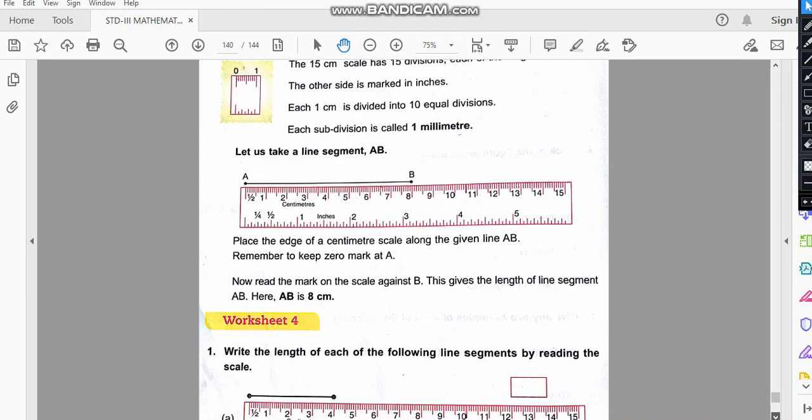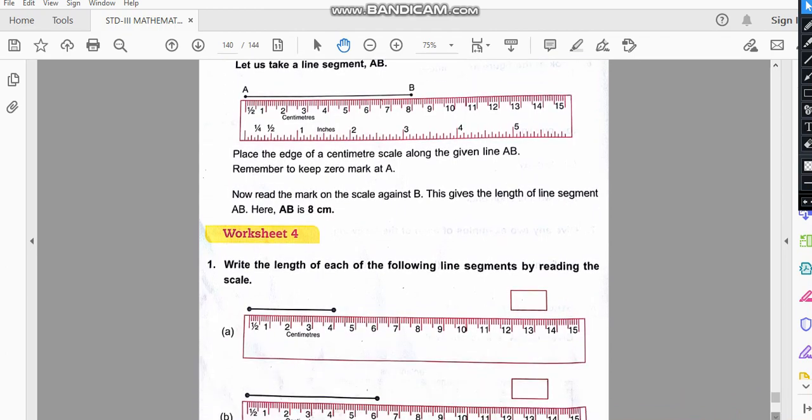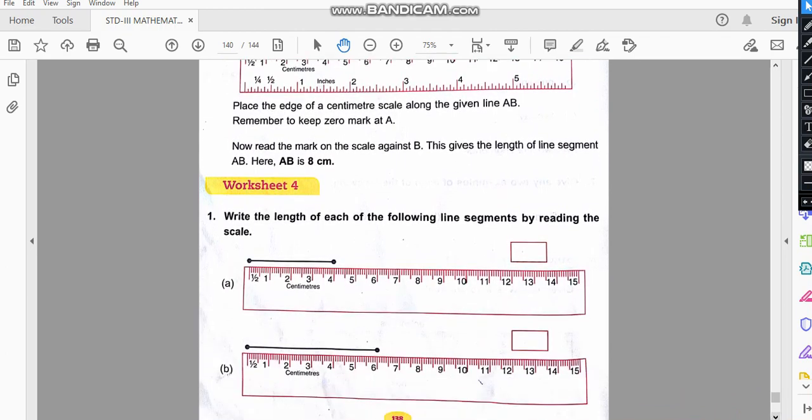So let us see the question given in your book, worksheet 4. Write the length of each of the following line segments by reading the scale. So here it's starting from 0 to 4. So the answer is 4 centimeters. And next one is 6 centimeters, 0 to 6. So that means it is 6 centimeters.